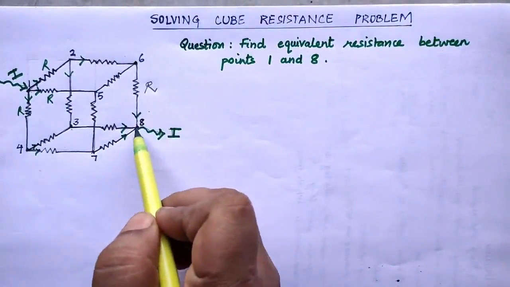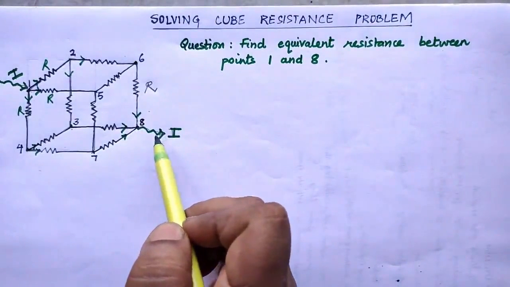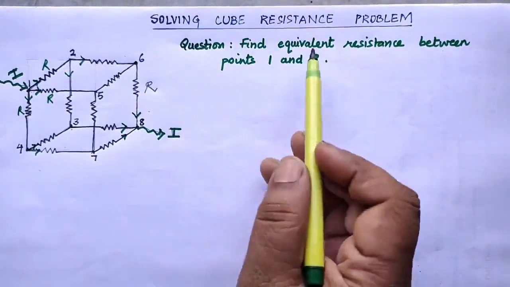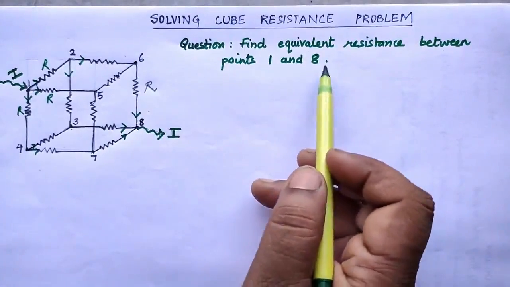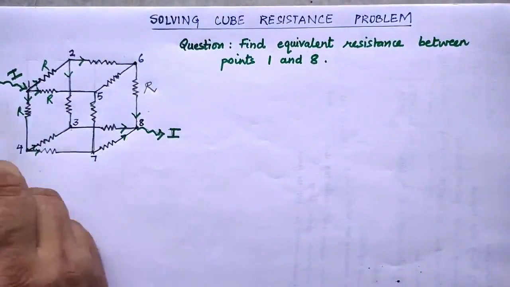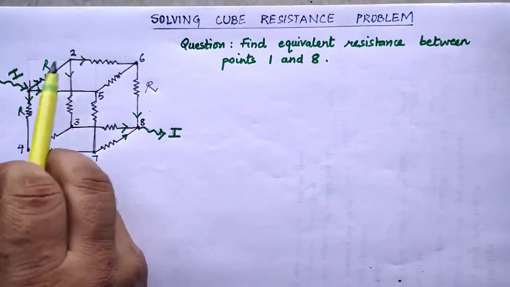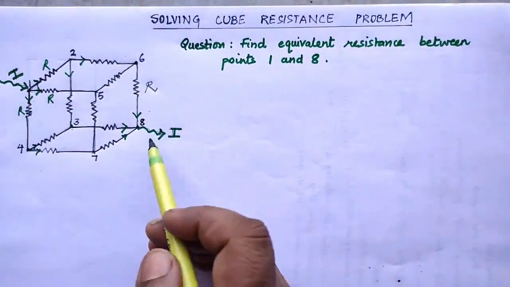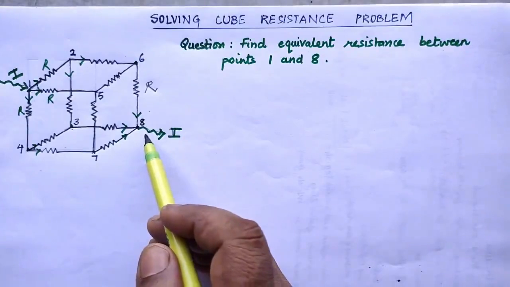Now the current collects and comes out. We have to find the equivalent resistance between point 1 and point 8, entering from point 1, dividing, and finally combining at point 8.